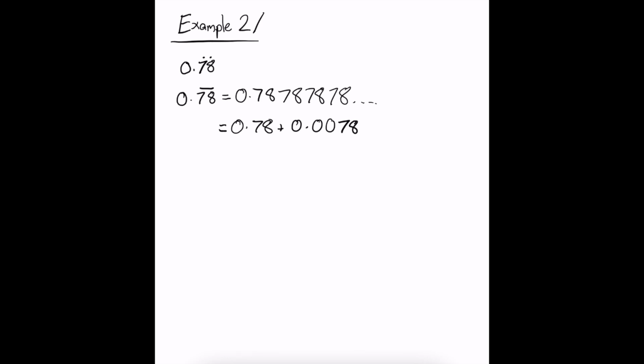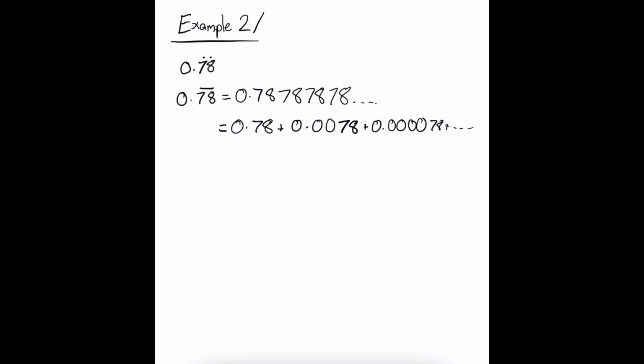The reason is that to get to this second lot of 78, we skip 2 decimal places. And then for the next term, we're going to have 4 zeros, so 0.000078. And then we can keep going, but I won't.